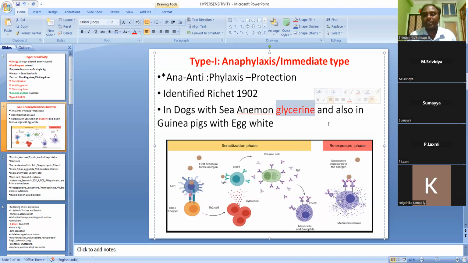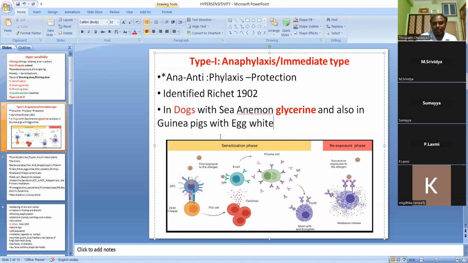He injected such glycerin into dogs. In the first case there was no reaction against that glycerin, and in the second dose, the eliciting dose or shocking dose, within minutes the dog died.